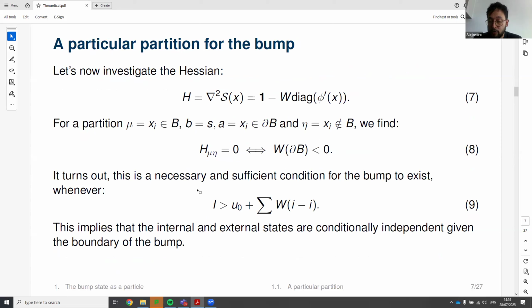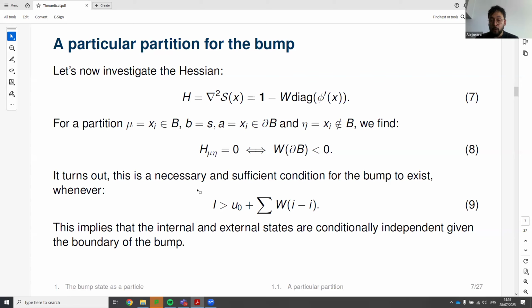Just as a reminder, we are trying to look at the bomb of activity, which is a localized activation in this attractor or spatially structured network, and we are trying to treat this bomb as a particle.